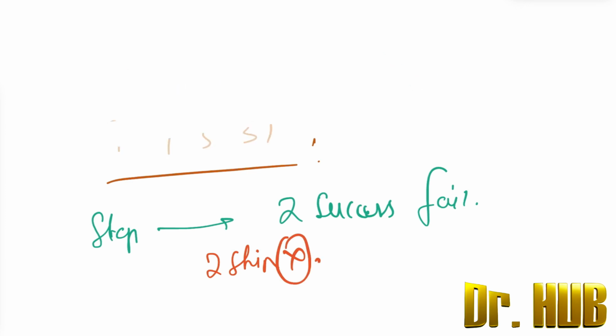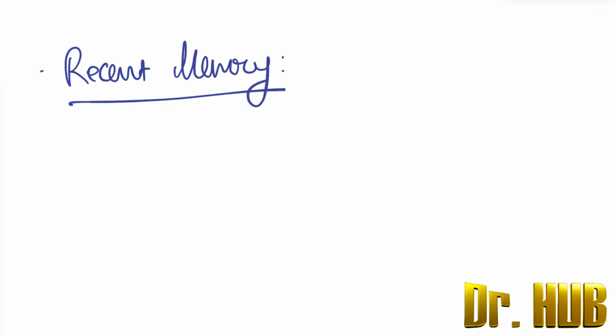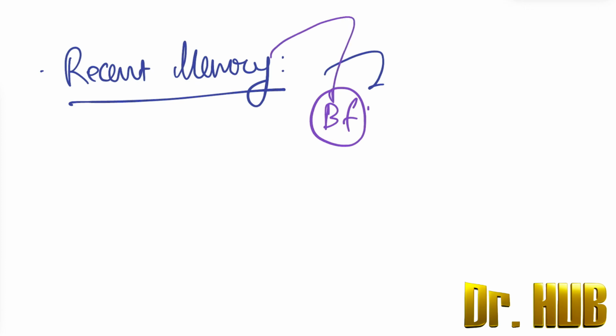Next is the concept of recent memory. In terms of recent memory, ask them how they reached the hospital or what they ate for breakfast. All this deals with the recent memory.